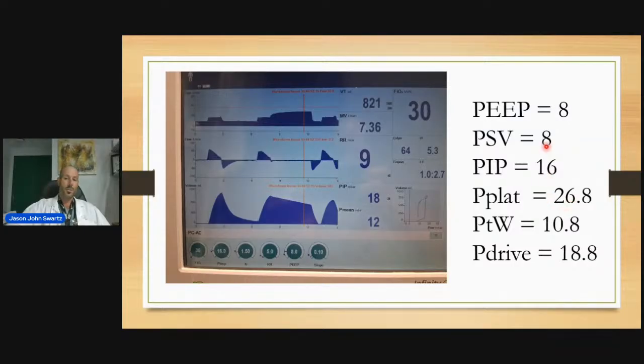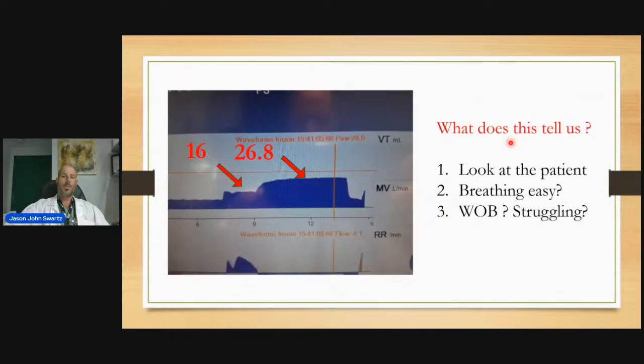And the drive pressure, which we were thinking we set at 8, is physiologically, because of the patient effort, 18.8. So that means he is assuming his work, he is generating 10.8 above what the vent is supporting the patient with. So what does that tell us in our practice when we start seeing this?